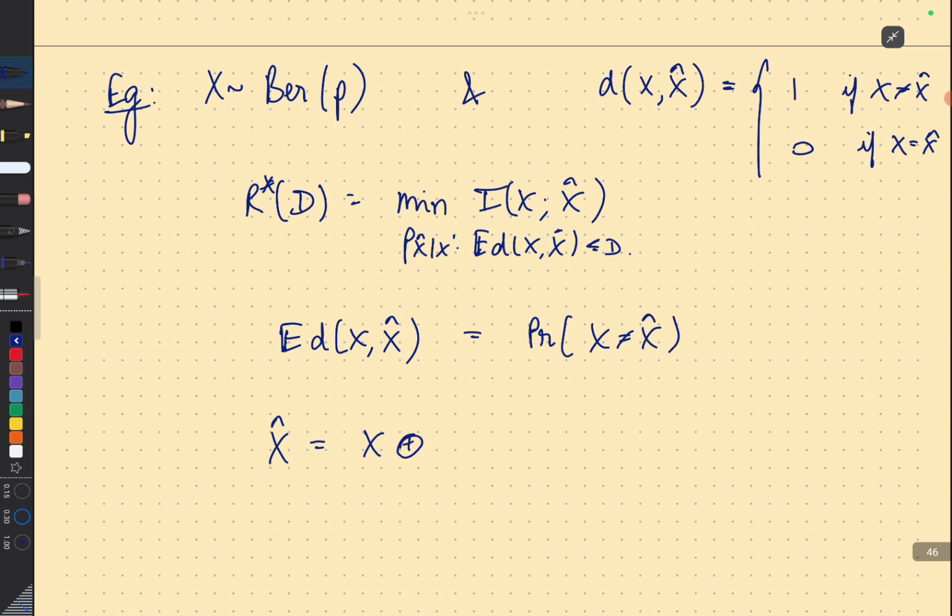To do that, I'll say that x hat is equal to x plus z. Okay, that's going to be my guess, where z is going to be Bernoulli d. All right, let me see if that's the right choice. Okay, sorry, it should not be this.